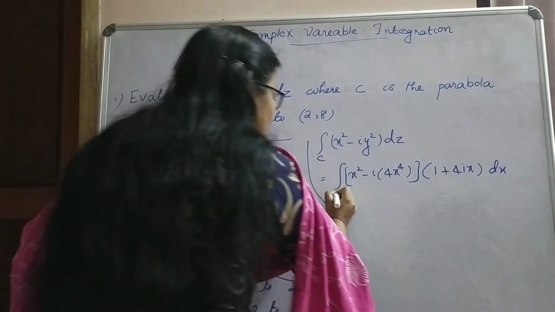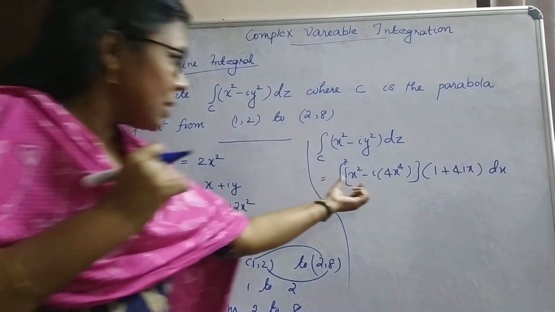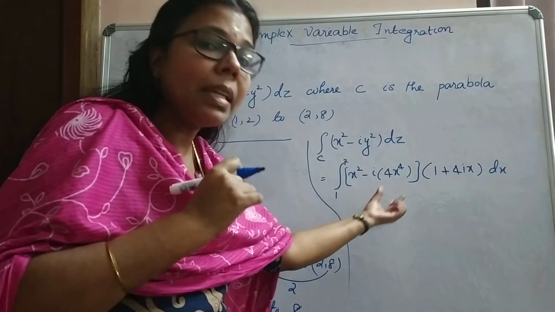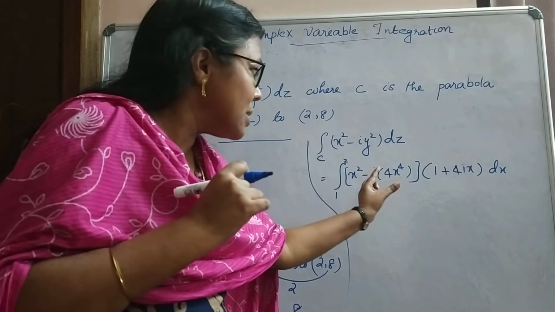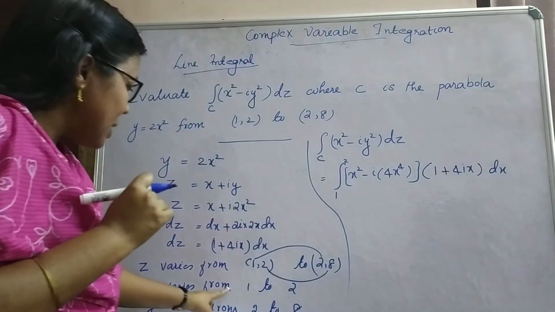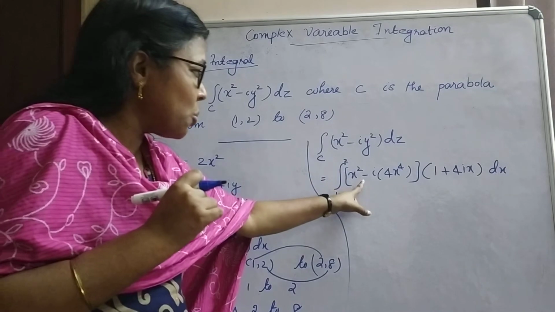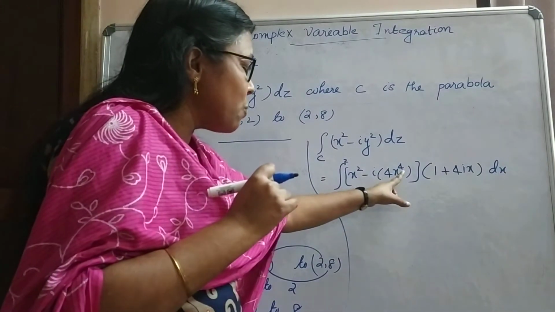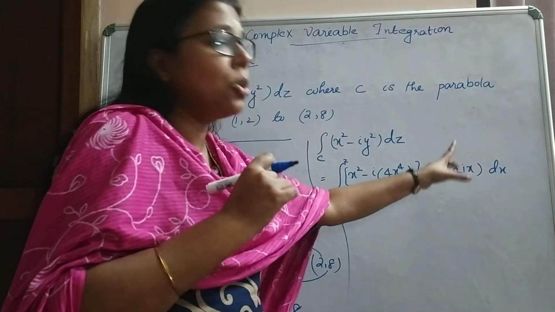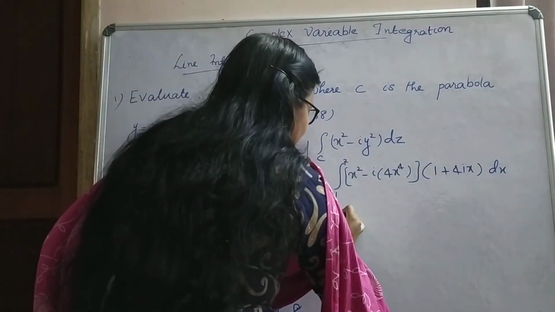Therefore the integral from 1 to 2 of (x square minus 4i x raised to 4) into (1 plus 4ix) dx. Now we have to open this bracket.